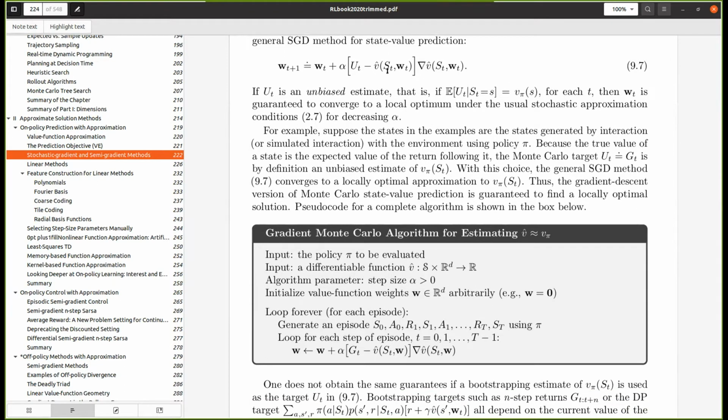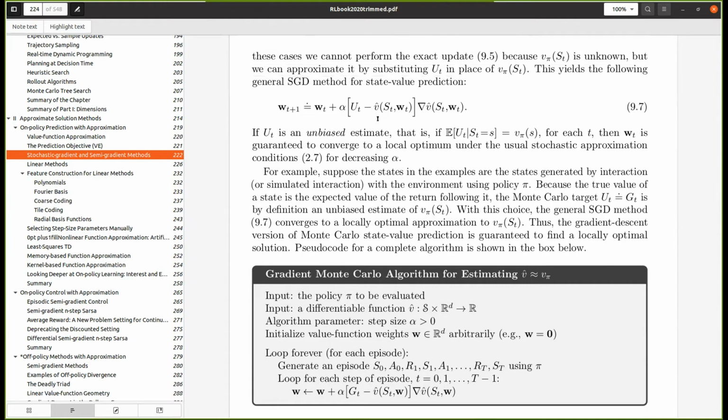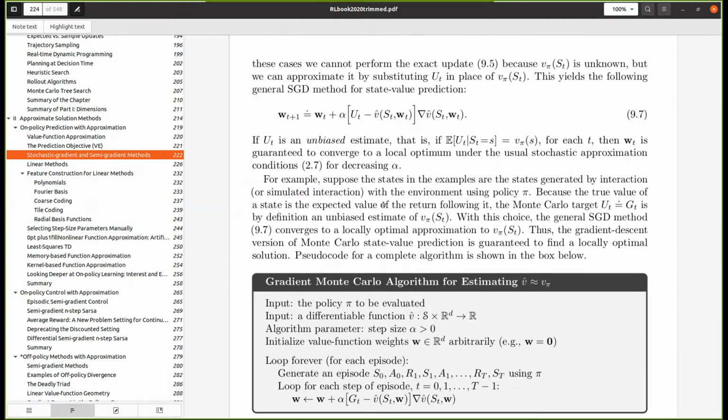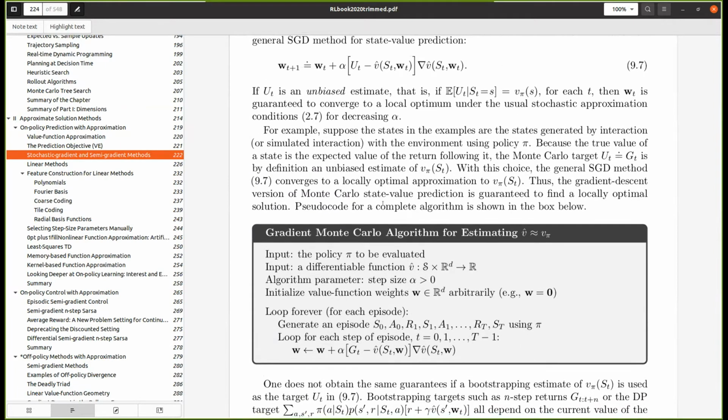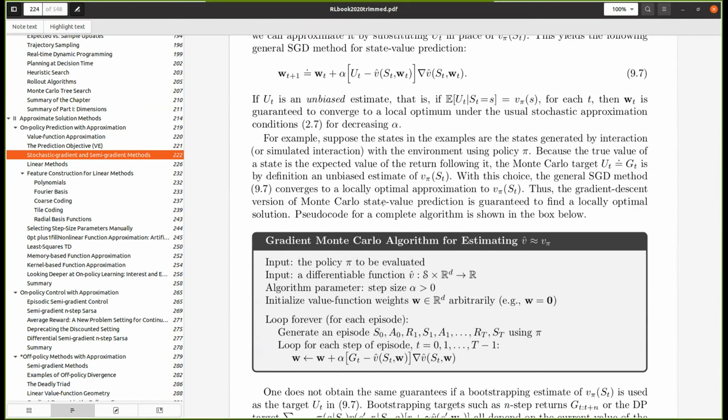That is just from general stochastic gradient descent properties. That is well studied and proved in classic optimization. Okay, so now let U sub t be the unbiased estimate.